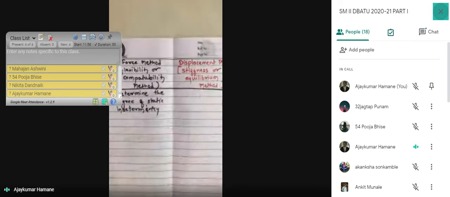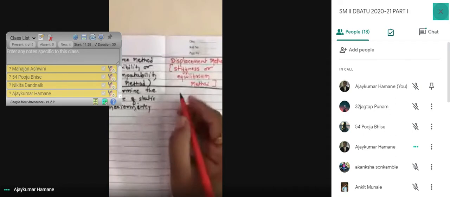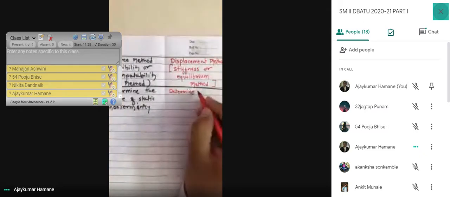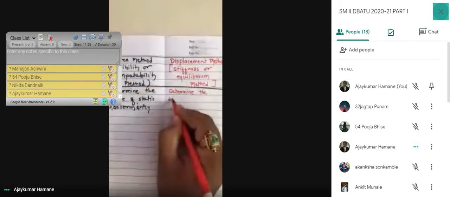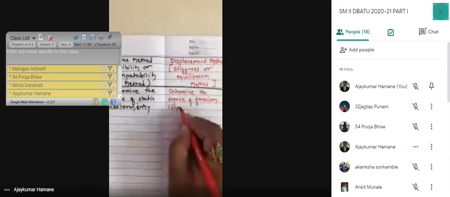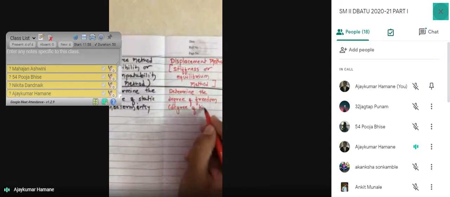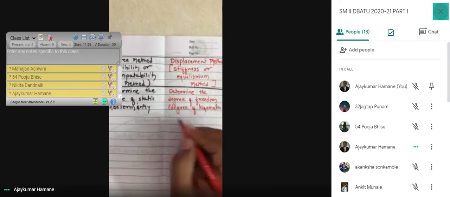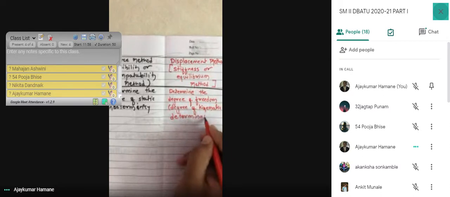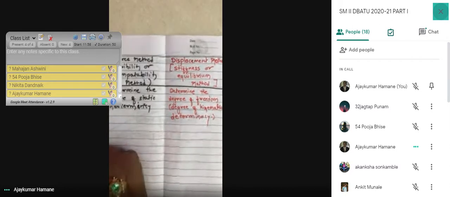And in the displacement method, determine the degree of freedom. That is also called the degree of kinematic indeterminacy. Okay, that is the first step.